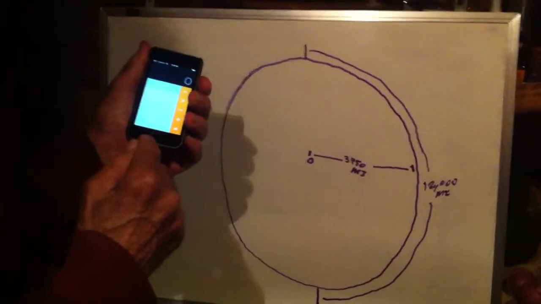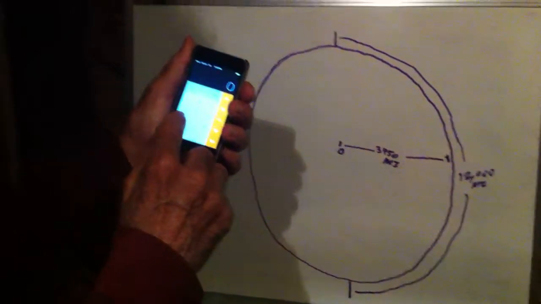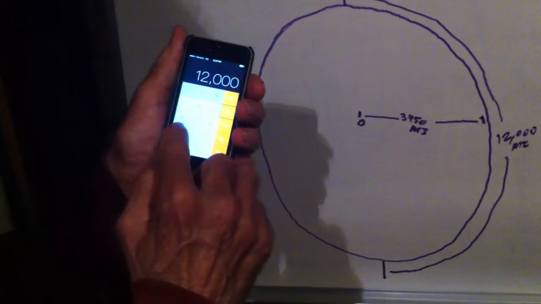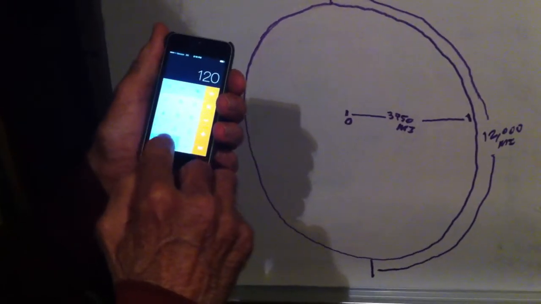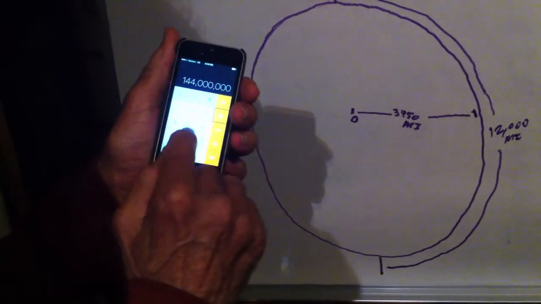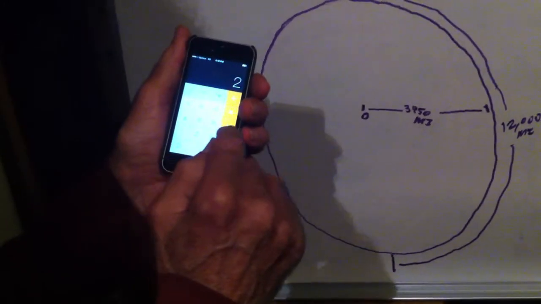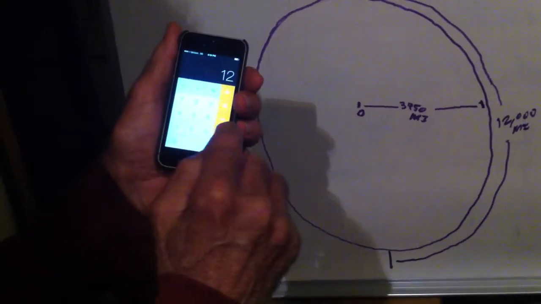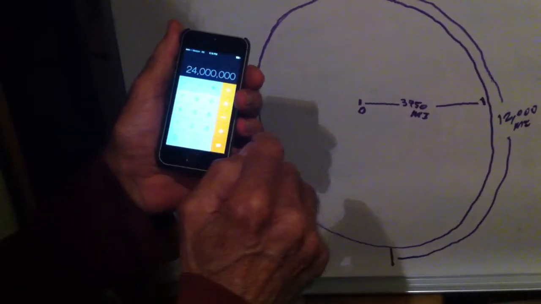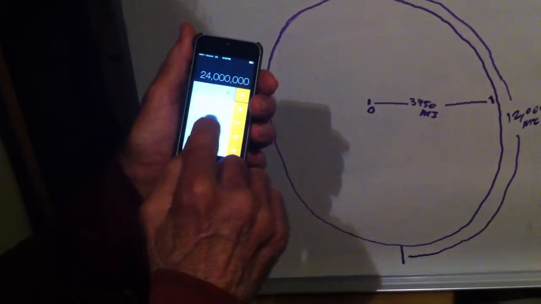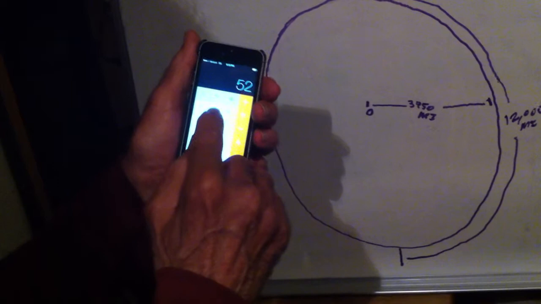So 12,000 times 12,000 times 2 inches divided by 12 takes it back to feet equals, and we divide that by 5,280, which will give us miles.